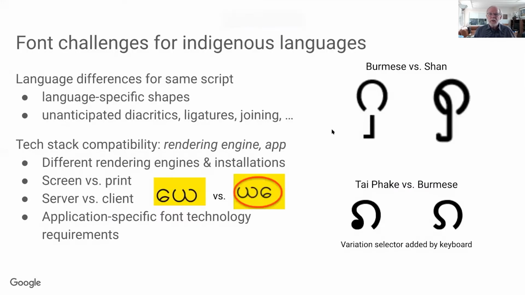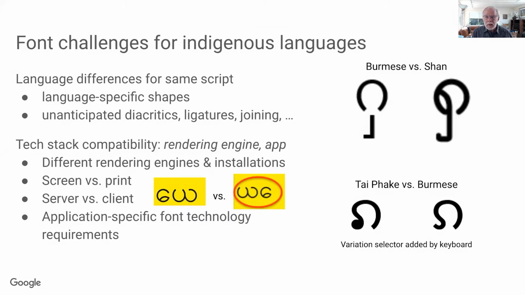There are serious font challenges for indigenous languages. First of all, even if languages use the same script, there are language-specific shapes that need to be considered. On the right, for example, we can see the Burmese form of a character versus the Shan preferred way of showing this character. There are sometimes unanticipated diacritics and ligatures or joining that are not expected as well.